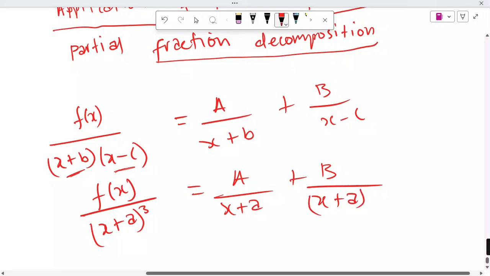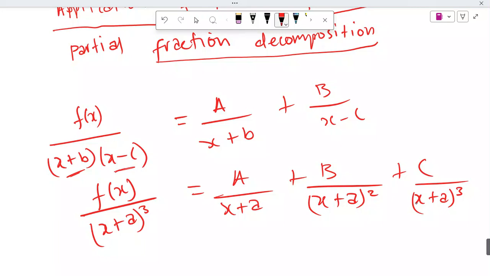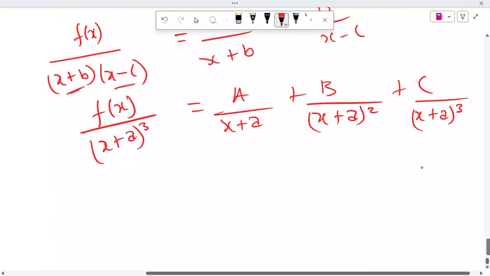So powers now are increasing, then plus c over x plus a to the power 3. So the highest power is 3, so it's increasing. Here power 1, power 2, power 3. If it was power 4, we would have written plus the same function to the power 4.